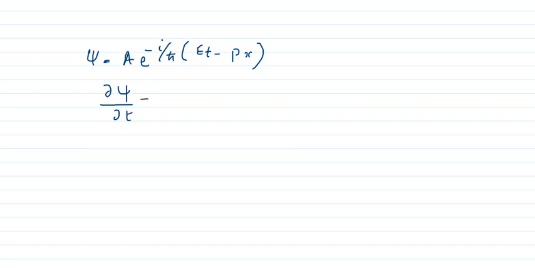Okay, our equation is psi is equal to A e raised to minus i by h cut (Et minus px). Taking dou psi by dou t, A is a constant, the differential of exponential is exponential itself, and we have to consider differentiation of t.